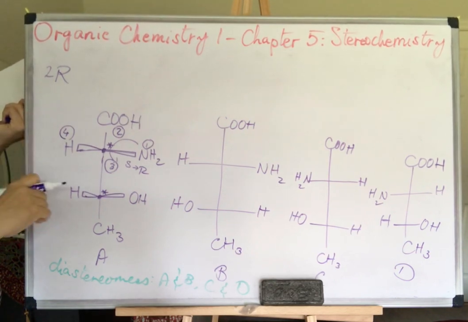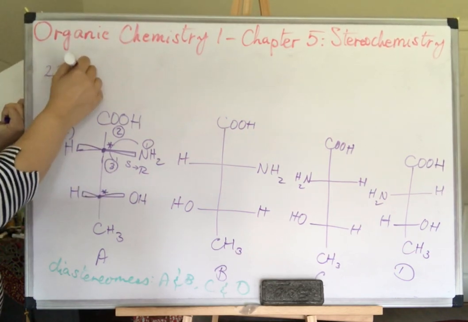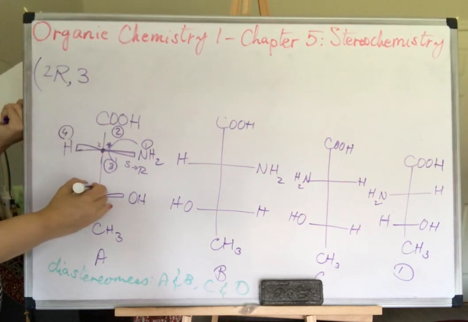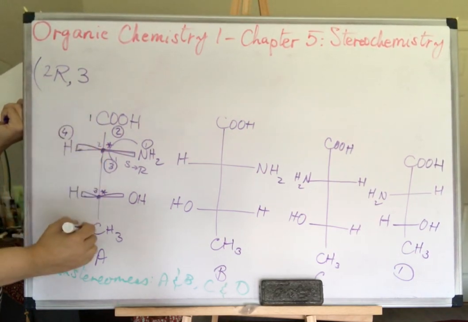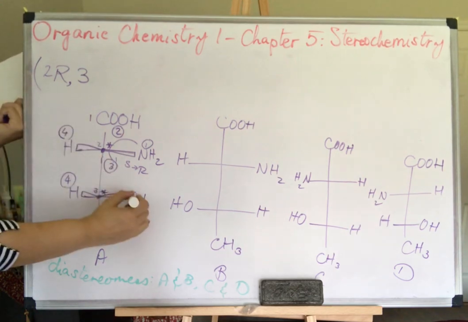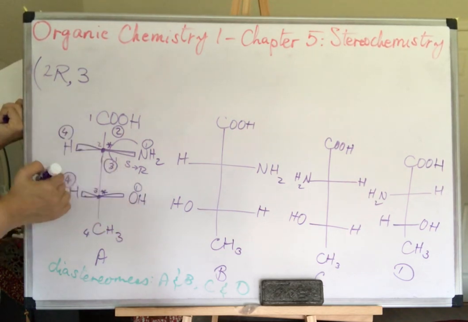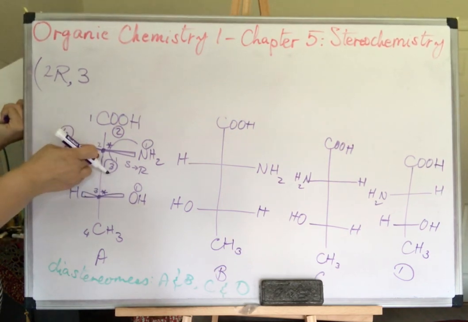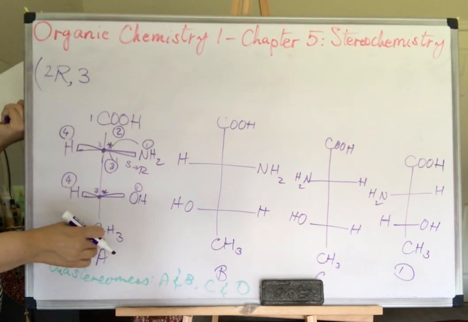The next one, which carbon? The third one. This is carbon number 2, this is carbon number 3, carbon number 1, and carbon number 4. So hydrogen again is the lowest priority. Oxygen is the first priority because compared to 3 carbons, oxygen has a higher atomic number. This side is carbon and carbon, carbon to another carbon, but the other carbon has just two hydrogens.